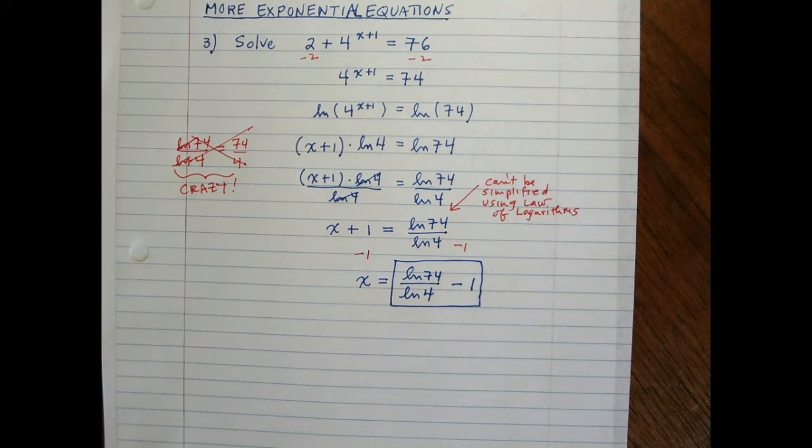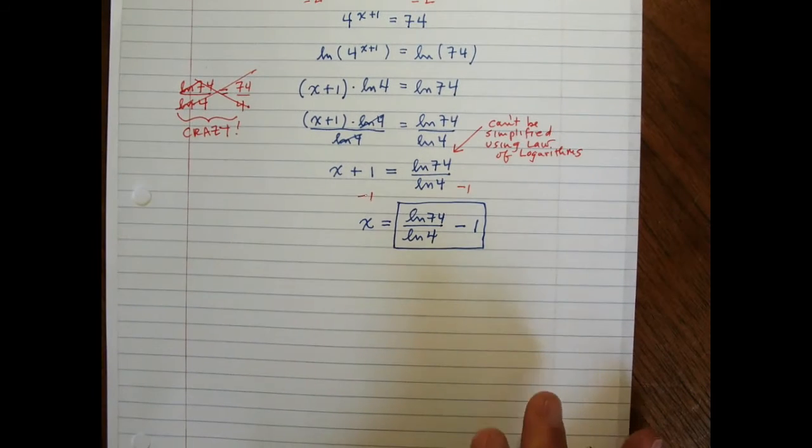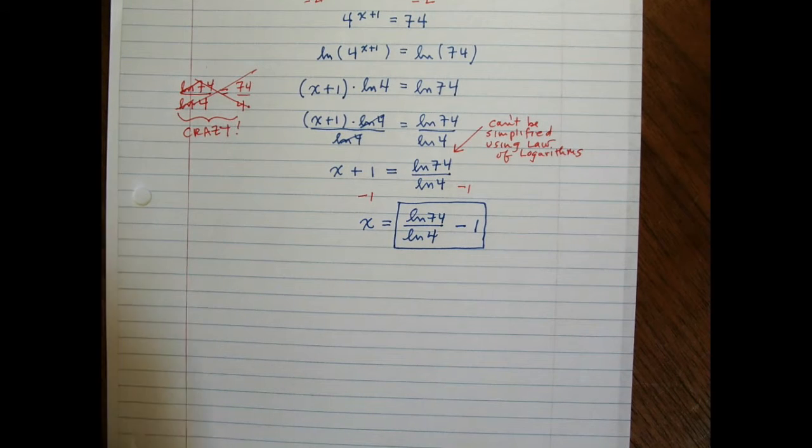It's a perfectly okay way to write the exact mathematical answer. Really can't be simplified much more than that. There are other ways it could be written, but this is fine. And now I'm going to work on my decimal approximation.